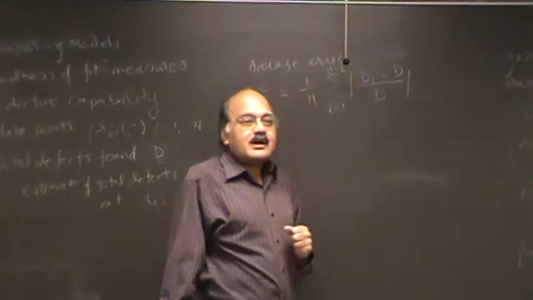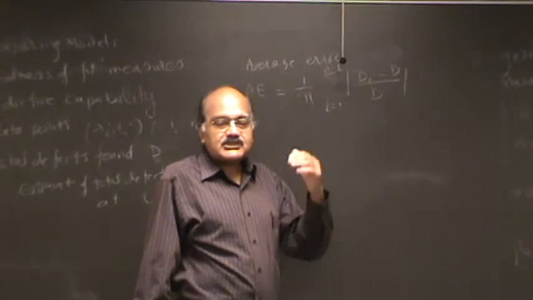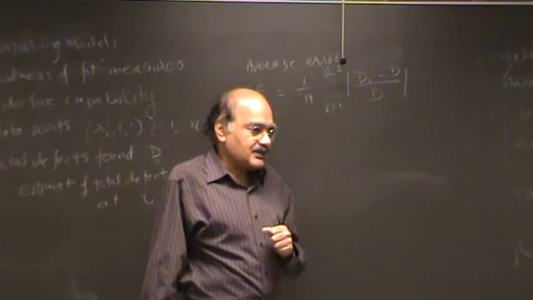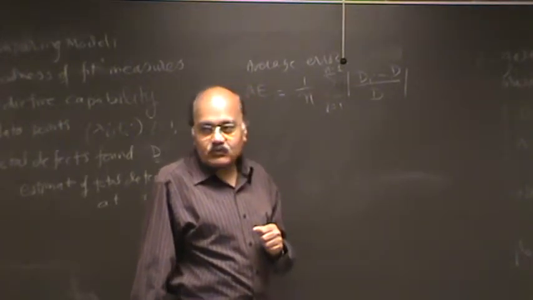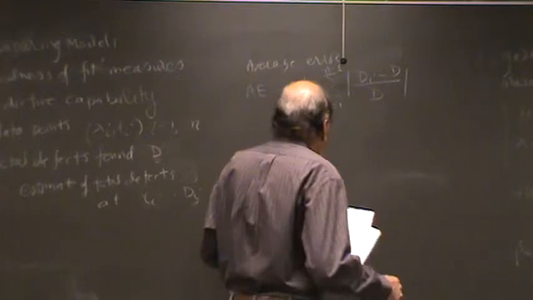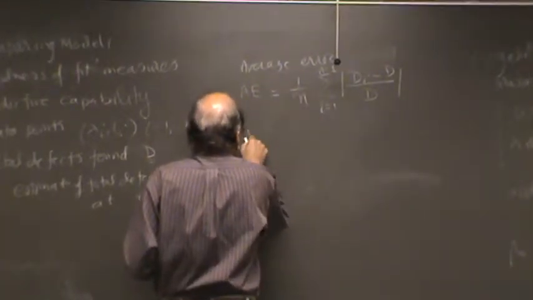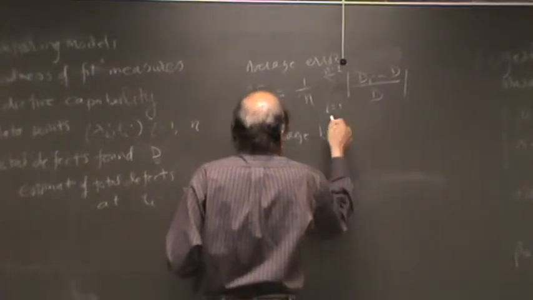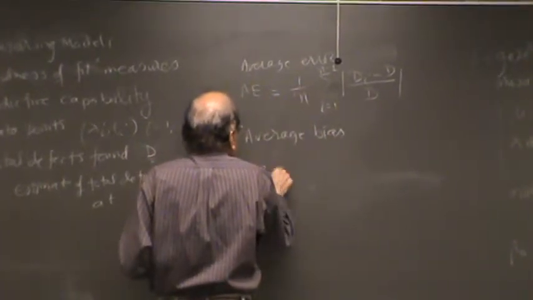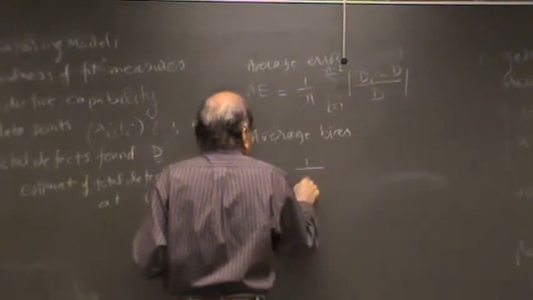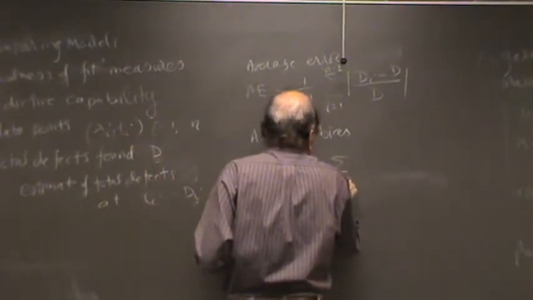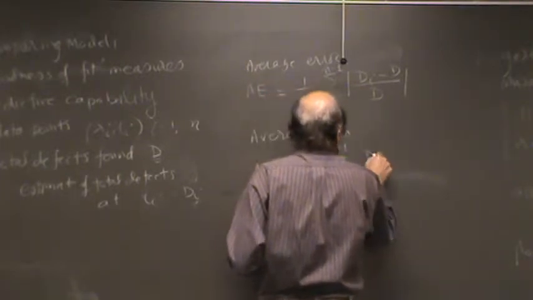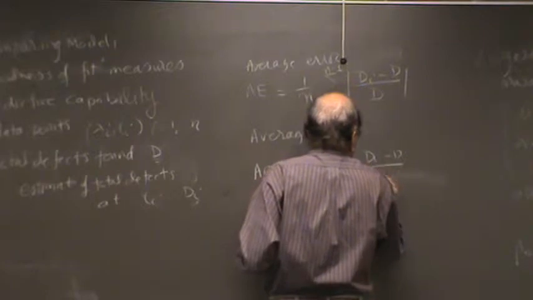However, sometimes you are interested in knowing on which side the error is occurring, because it is possible that a method would tend to overestimate or would tend to underestimate. You can calculate average bias. And for average bias, you will not take the absolute value, otherwise the expression looks the same.